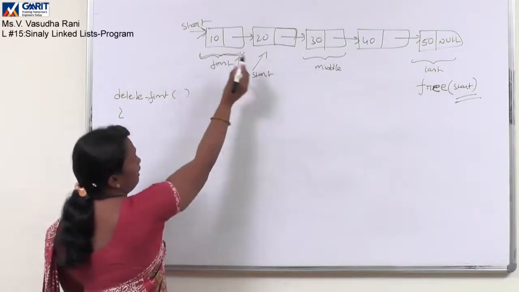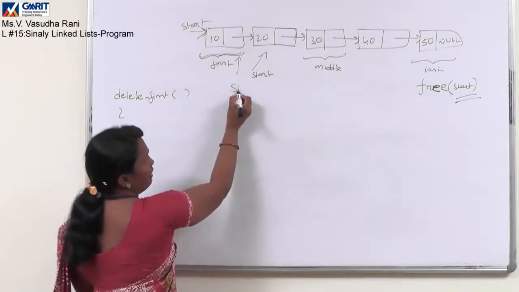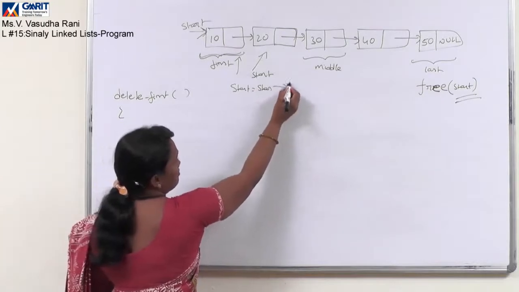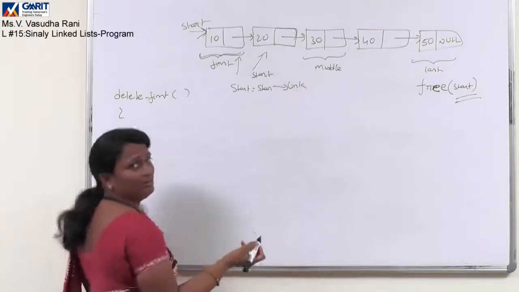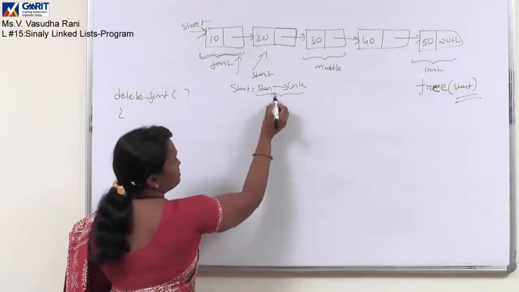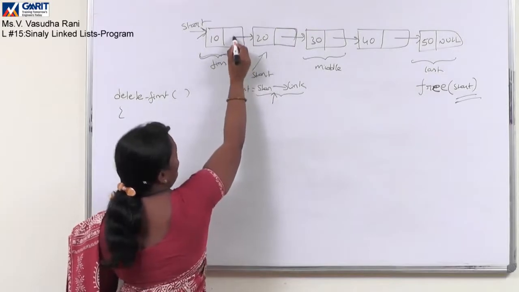From one node to another node to traverse, it is very simple through start equal to start link, which is storing the address of the next node. Start link means this particular address.